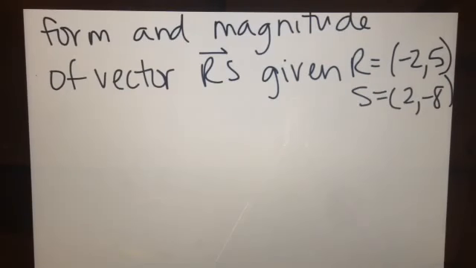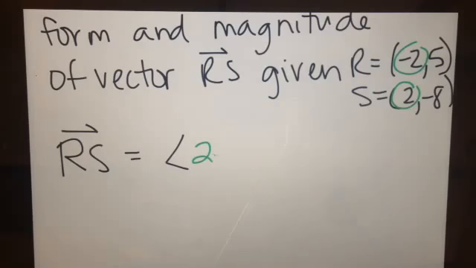So first, to figure out what RS is with the direction, I'm going to say 2 minus -2, and I know that S comes first because it's the second letter in there, so it means that that's the tail. So that comes first. So 2 minus -2, and then -8 minus 5.